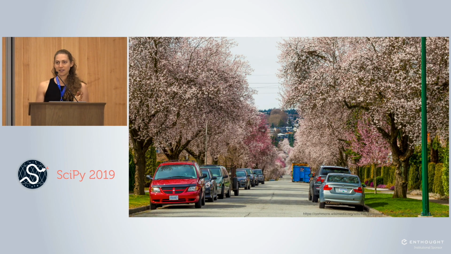So this is a typical street-level image of Vancouver in spring. And just indicate by raising your hand who knows what species we see on this picture. Yeah, a couple? Okay, awesome. So these are cherry trees, of the so-called genus Prunus.